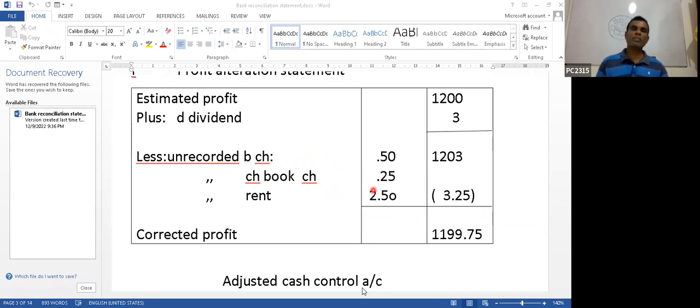These three values should be debited to the cash control account. Now these three values should be credited to the cash control account: 800, 600, and then you have to tally them.